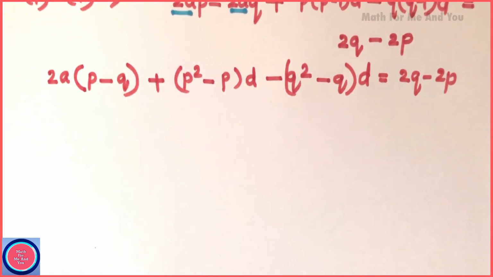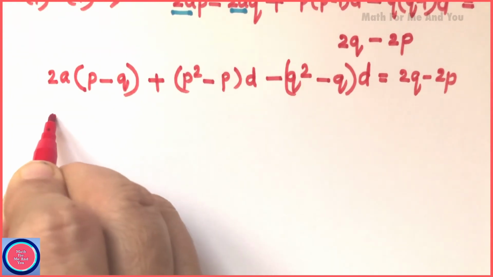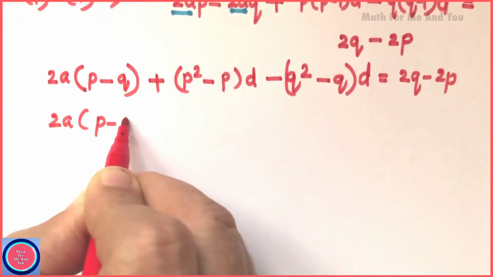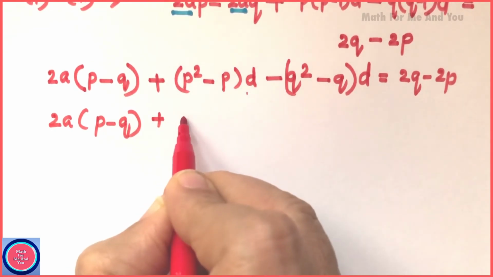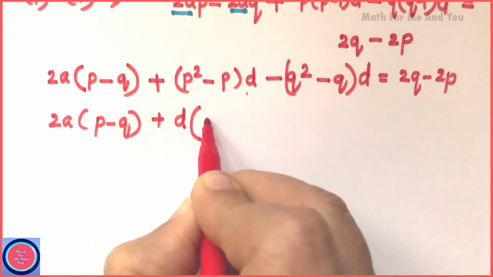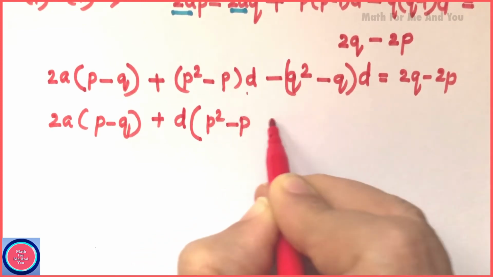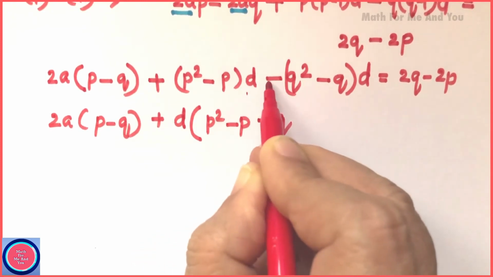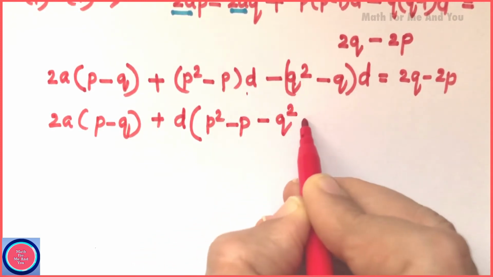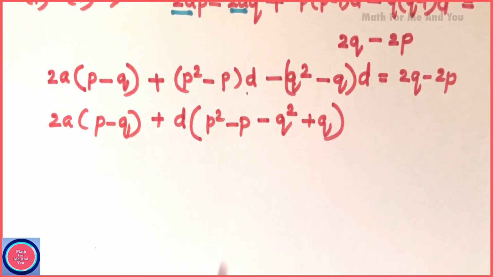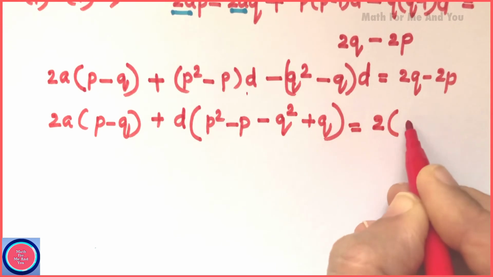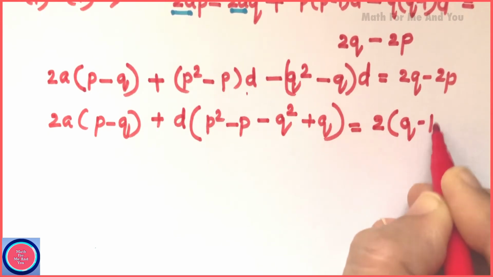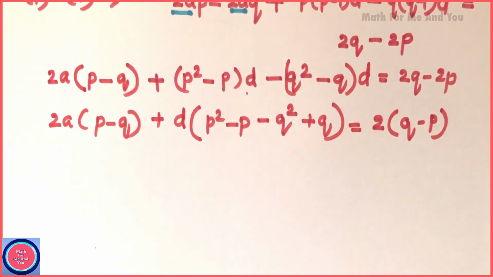The first term again we write as it is, 2a times (p minus q). Look at the second and third terms. Here d is a common factor. So write d first, then inside the bracket p square minus p minus q square plus q. The right side, 2 is a common factor, then the bracket, q minus p inside.